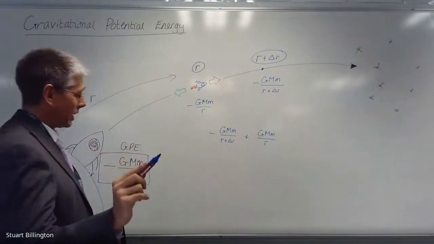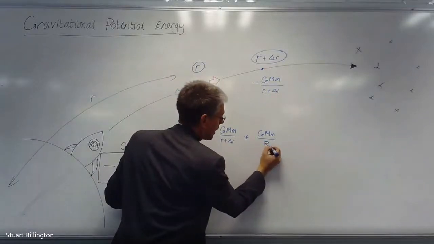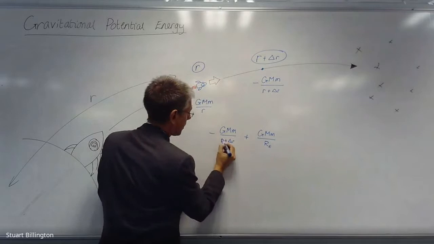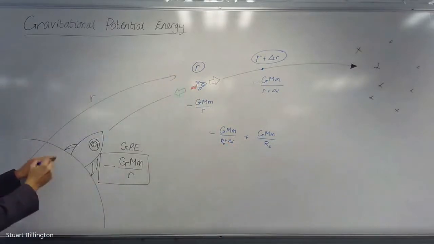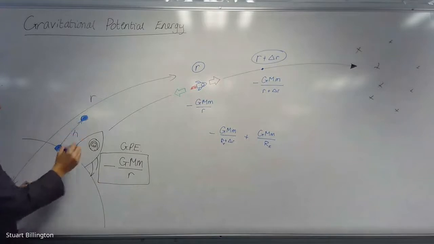What it usually is, is what happens if we start on the radius of the Earth, so that actually this is our starting point, and we're going to move just up a little bit at distance h.